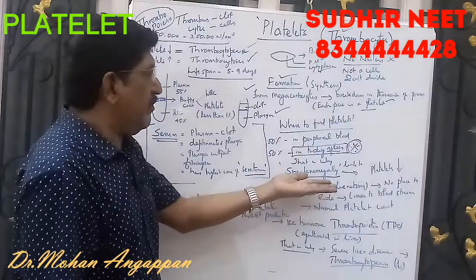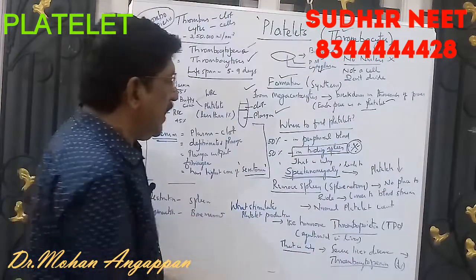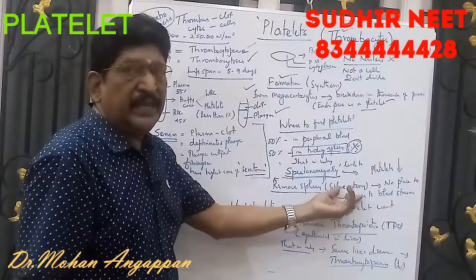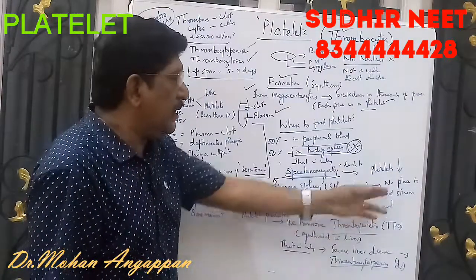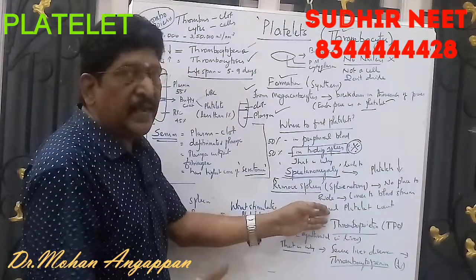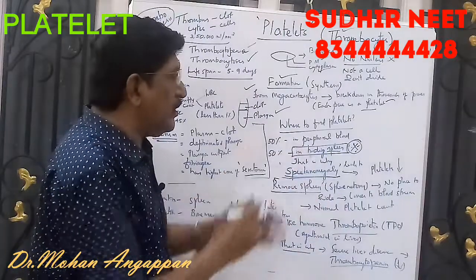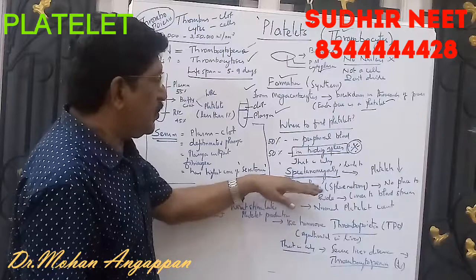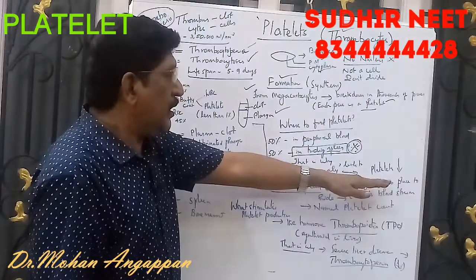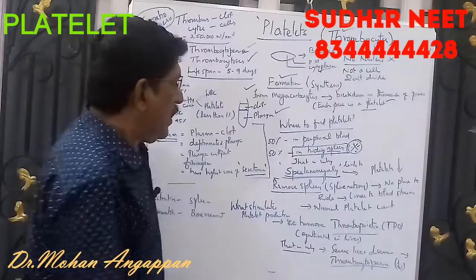So what do the doctors do to increase the platelet count? They remove the spleen, splenectomy. If they remove the spleen, there will be no place for the platelets to hide and they come into the bloodstream, and the normal count comes. When splenomegaly occurs, the platelet count comes down because they fight against the inflammation of the spleen.